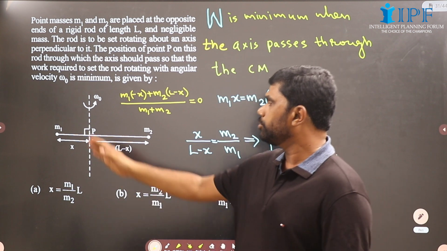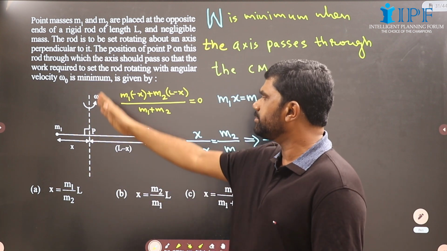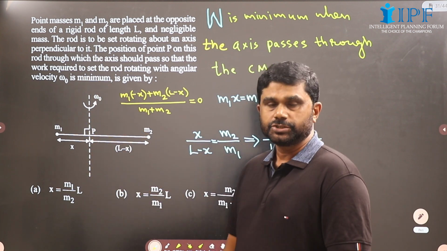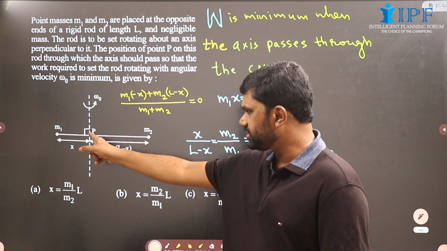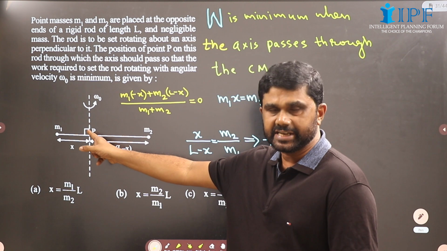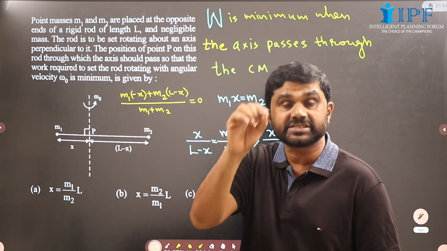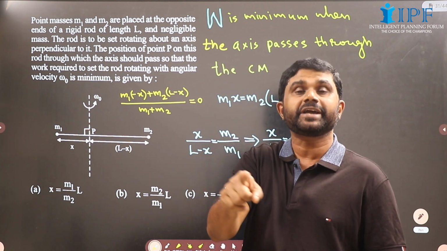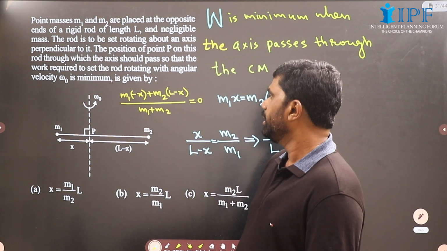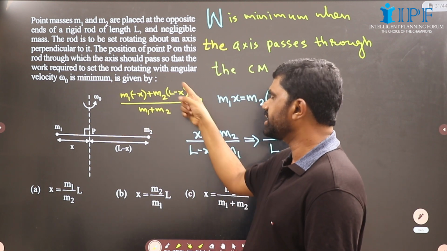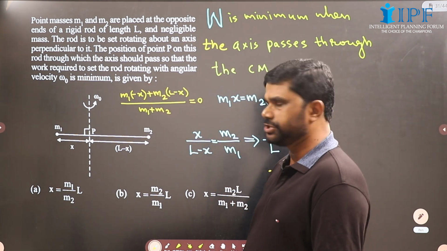Now suppose the system is rotating about this axis. So that axis should be passing through the center of mass, or this point is the center of mass. Let us take that center of mass as the origin. So the x coordinate of the center of mass will be 0. This is the formula to find the center of mass, that must be equal to 0.